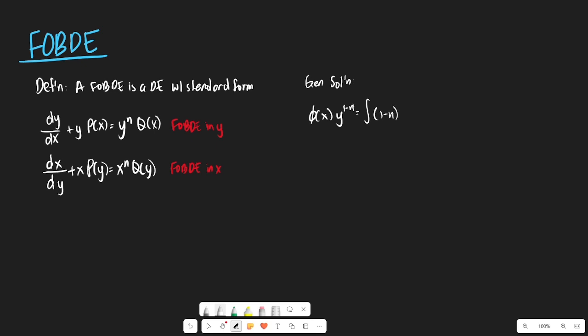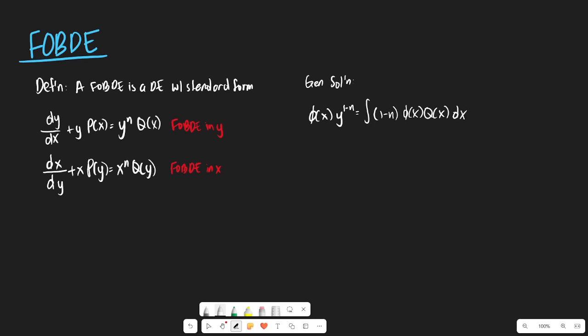These are the extras that you will have to take note of in contrast to a FOLDE. Then the same goes: you have a function of x right here, so phi of x, q of x, dx.